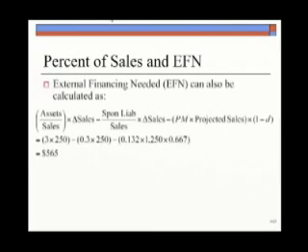If we multiply it by 1 minus D, where D is the dividend payout, we will have essentially the retained earnings, which is another source of funds. So we have three parts. The first is a use, the second is a source, the third is a source. And the difference between all the requirements and all of the sources is external funds needed.